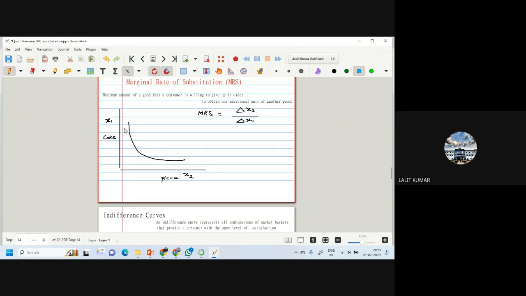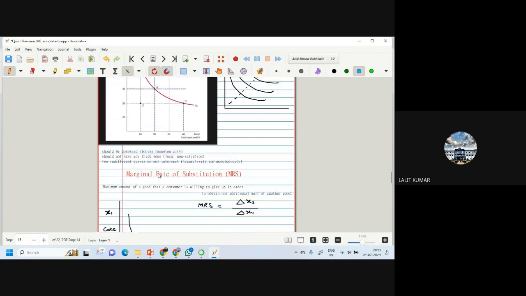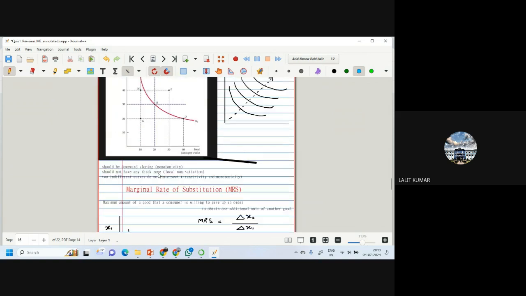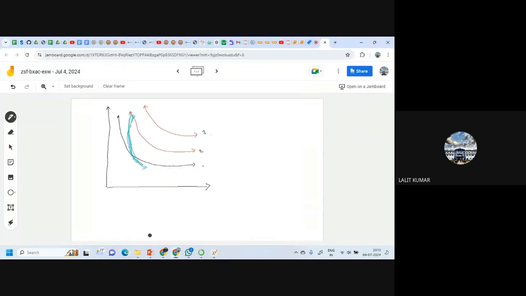If I want more Coke, then I have to give up pizza. So with this, I think all the major concepts have been covered. Indifference curves look like this. As the income increases, your indifference curves move here.